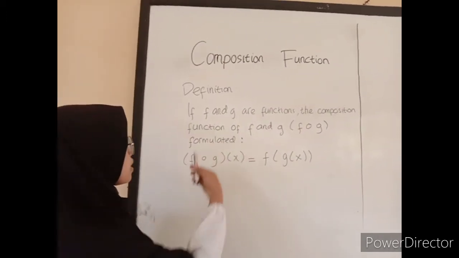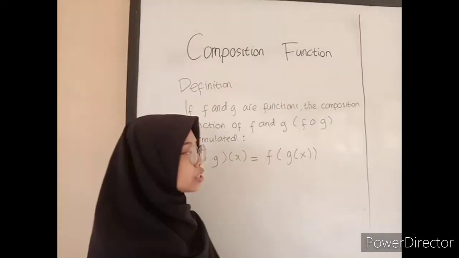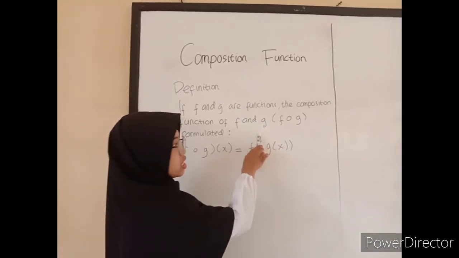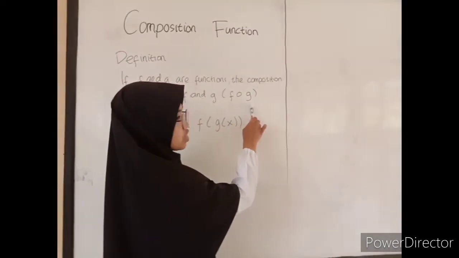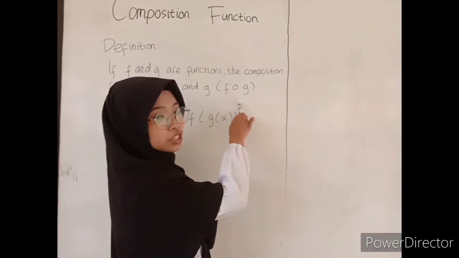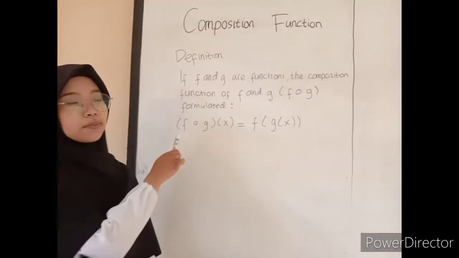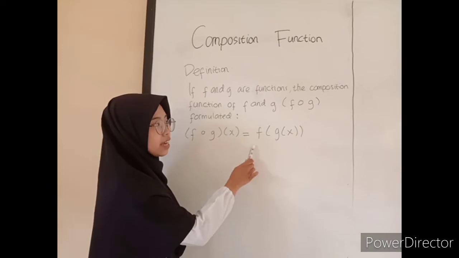If f and g(x) are functions, the composition function of f and g, we can write as f ∘ g. We can read it as f composition g, formulated by (f ∘ g)(x) = f(g(x)).